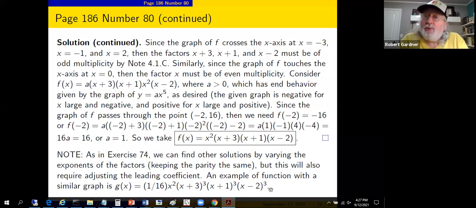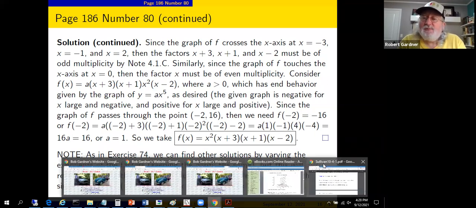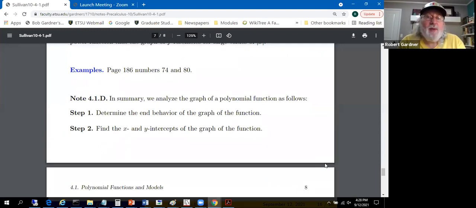If they'd have told us the degree of the polynomial, this one is degree what? 2, 3, 4, degree 5. This one is degree 2, 3 plus 3 plus 3, 11, I think it is. They both satisfy the information they gave us, is the problem. So I can't give you a specific function unless you give me more information.